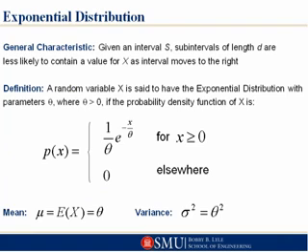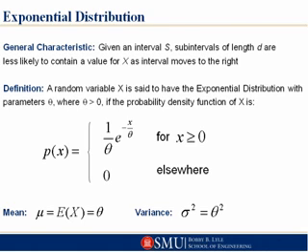So, given an interval S, subintervals of length D are less likely to contain a value for X as the interval moves to the right, as the values looked at get larger and larger.